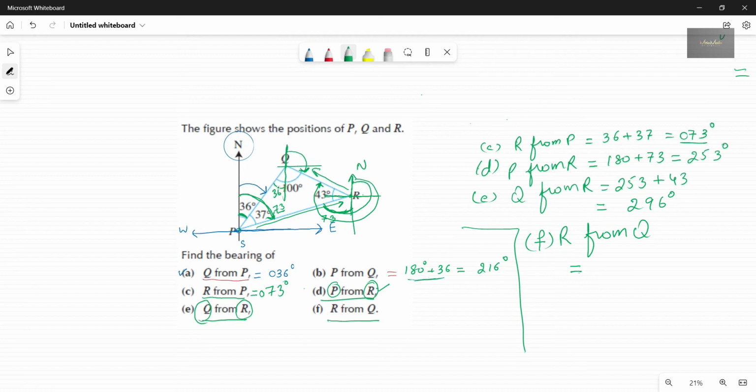So out of 100, if we subtract this 36, then this second part with the vertical line will be 64, right? I need this bearing angle, right? So if I make a rotation till this line, it will be 180, but I am subtracting 64 from it, right? So it is 180 minus 64, which is 116. So that's how we solve this kind of question.